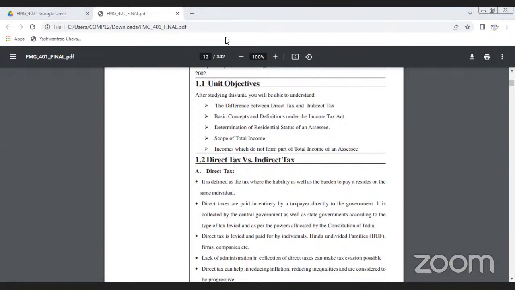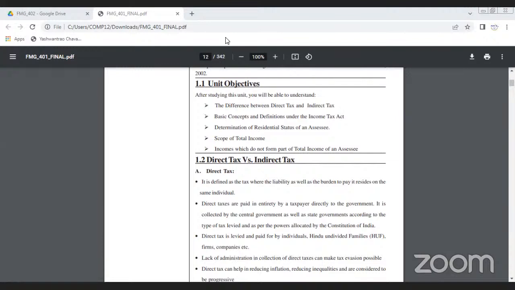After this, when we start this lecture, we focus on the direct taxes first. In direct taxes, we first give reference to the difference between indirect and direct taxes. It is defined as a tax where the liability as well as the burden to pay rests on the same individual.